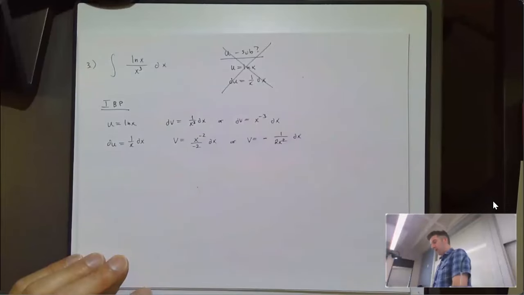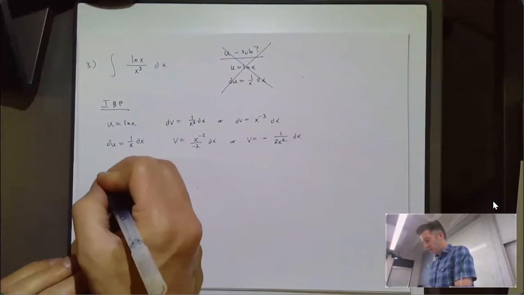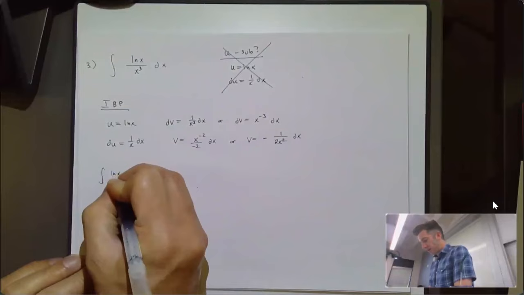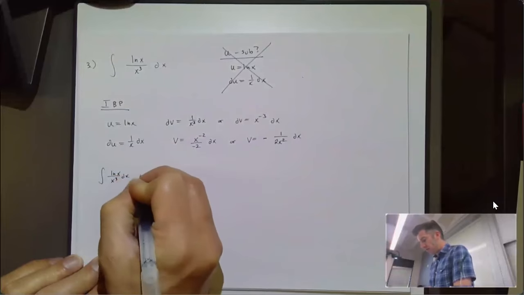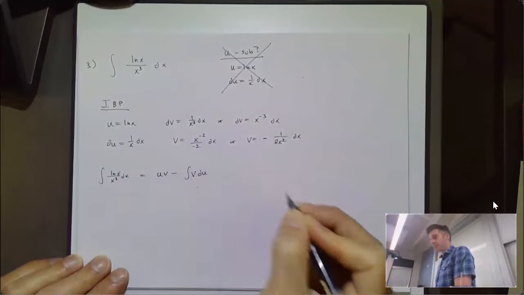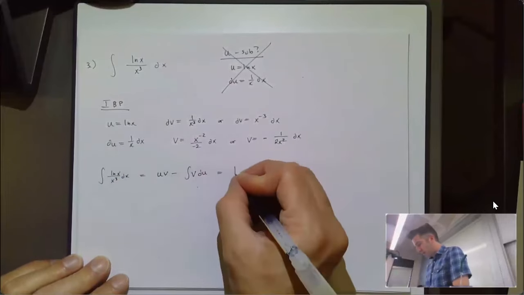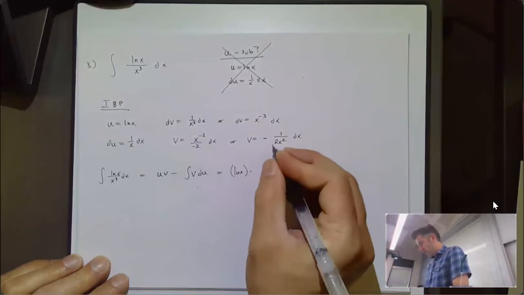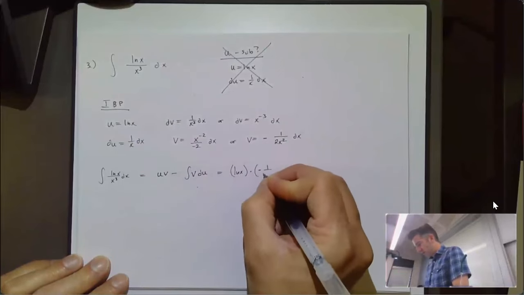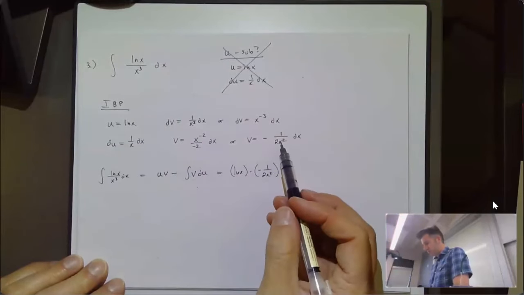Okay, so now let's do the thing, right? We want the integral of natural log of x over x cubed. It's going to equal uv minus the integral of v du. So in this particular setup, that's going to be the natural log of x times the -1 over 2x squared. Oh, that's not right. Is it?